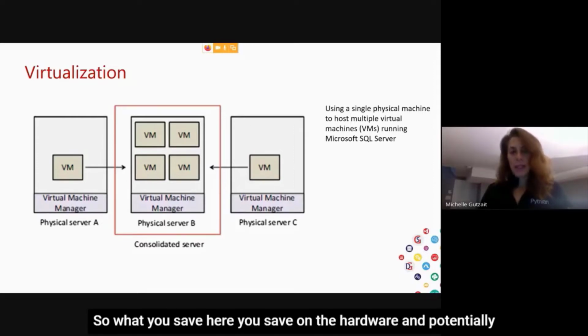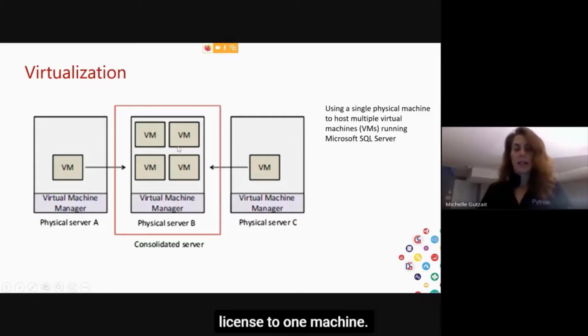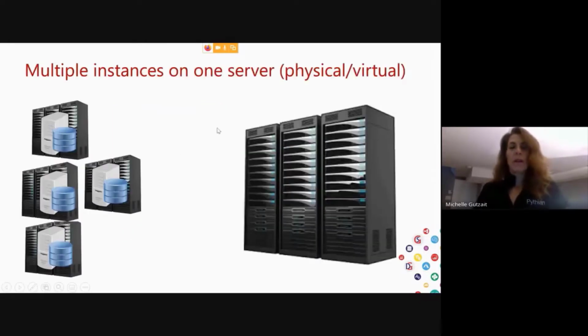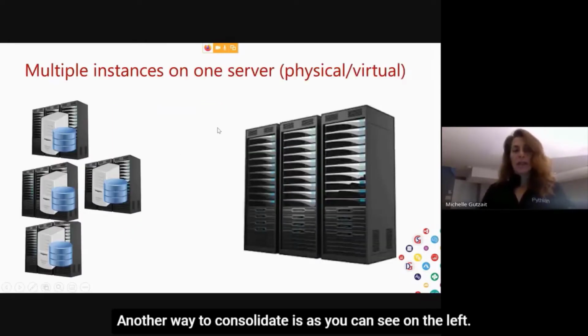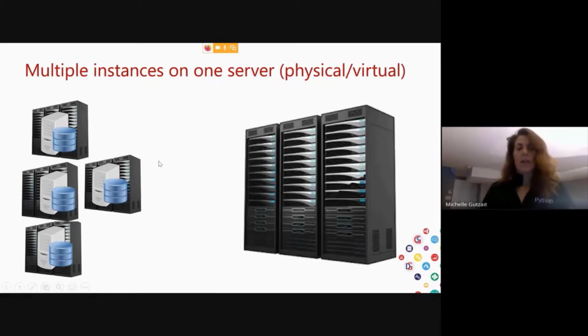What you save here is hardware, and potentially license costs because you're going to have everything licensed to one machine. Another way to consolidate is, as you can see on the left, we have four servers, each one with an instance installed.